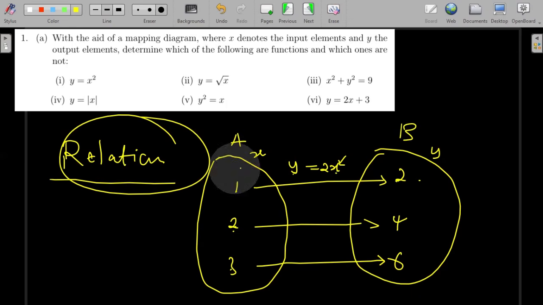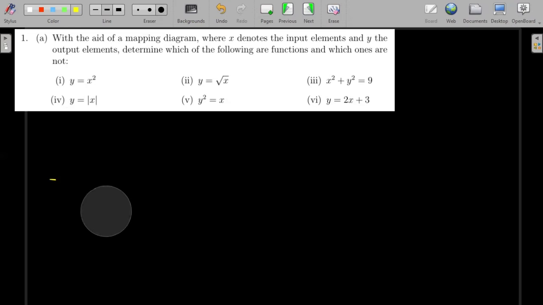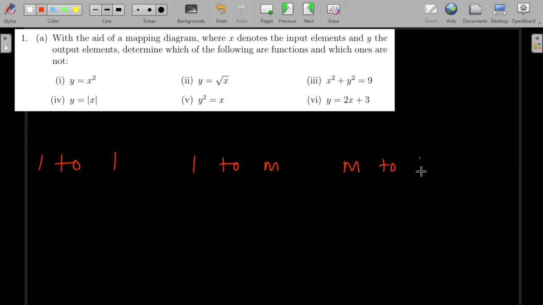So we have different types of relations. I know you know 4 of them, because that's what you did at grade 12. So we have a one-to-one relation, like the one I just erased here, that was a one-to-one relation. We have a one-to-many, we have a many-to-one, and then we have a many-to-many.